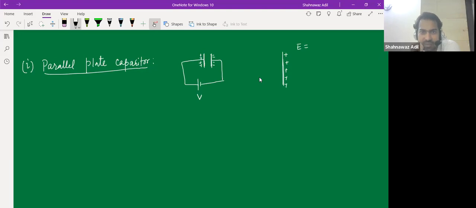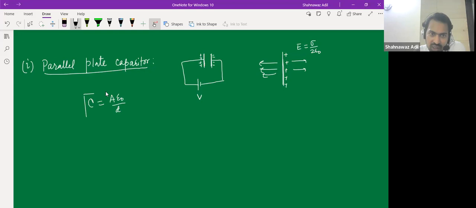Tarif is talking about the capacitance, which is epsilon naught A by d.